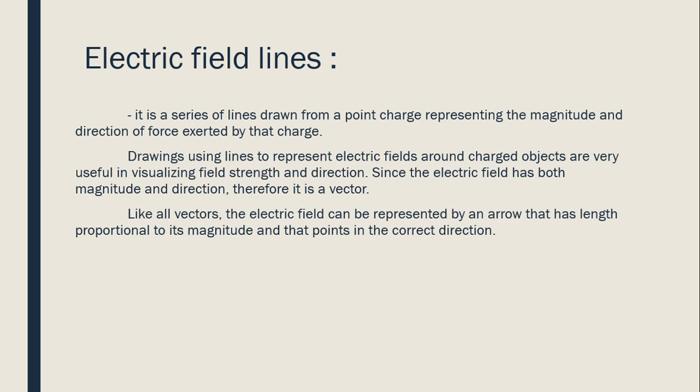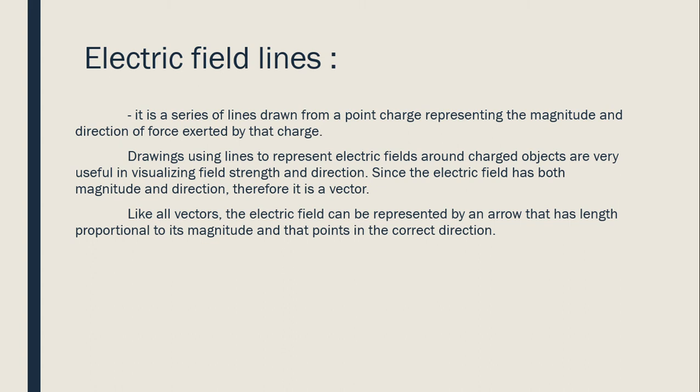You can still remember in our Physics 1, we discussed two kinds of quantities, scalar and vector. A vector quantity has magnitude and direction. A scalar has magnitude alone, without direction. So, the electric field has magnitude and direction. And to visualize this magnitude and direction of the electric field, we have to look at its electric field lines.